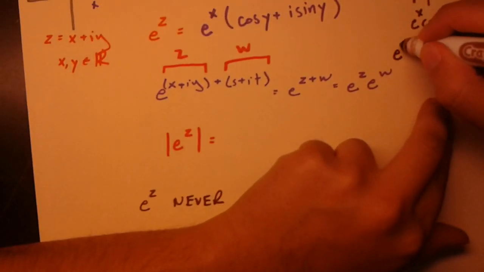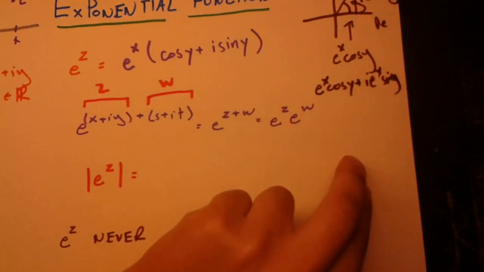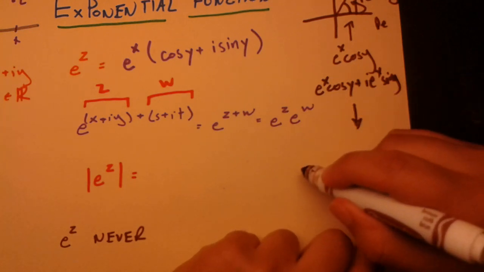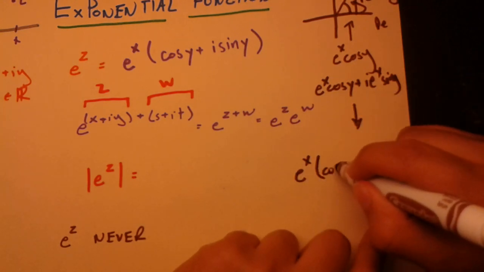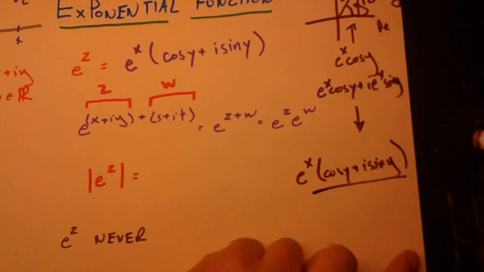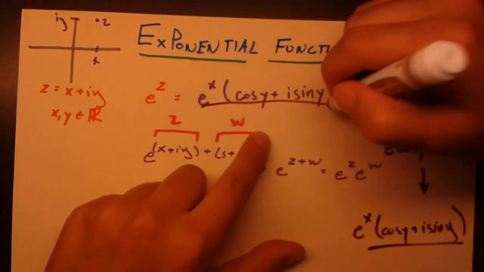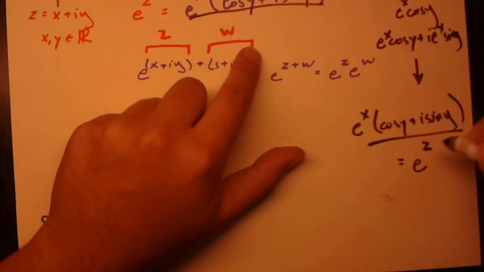Well, it's going to be e to the x cosine y plus i e to the x sine y. And if we factor out the e to the x, we get e to the x times cosine y plus i sine y. And the thing to note is that this is the exact same as what we wrote up here. So this is equal to e to the z.